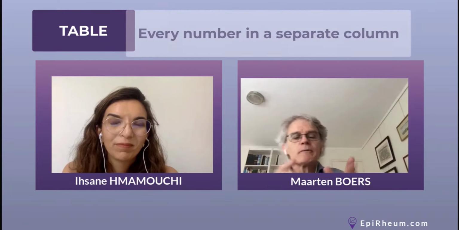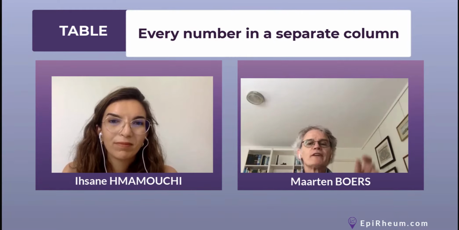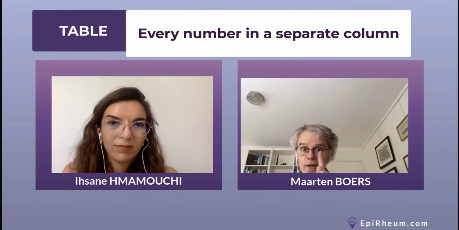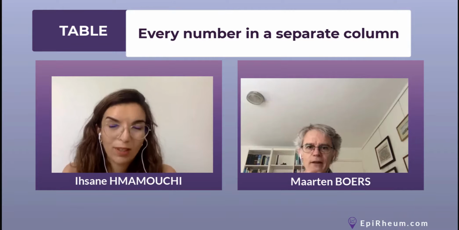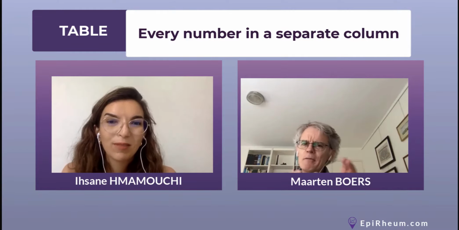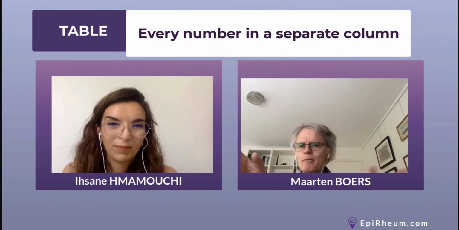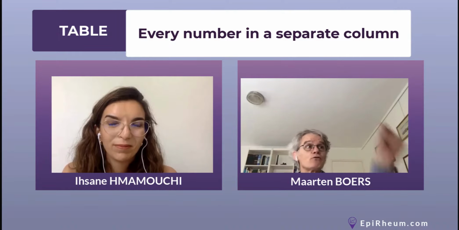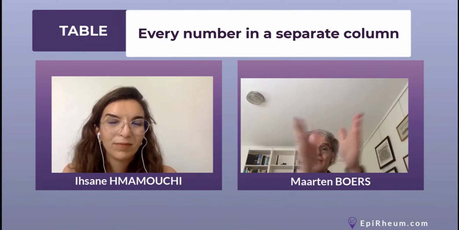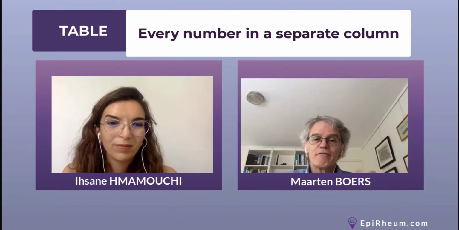And if you have complicated tables, start with putting every number in a separate column instead of many numbers together. Because when you put many numbers together, then you have to separate them and then it becomes difficult. If you use many small columns, then you can sort of fiddle around with them.